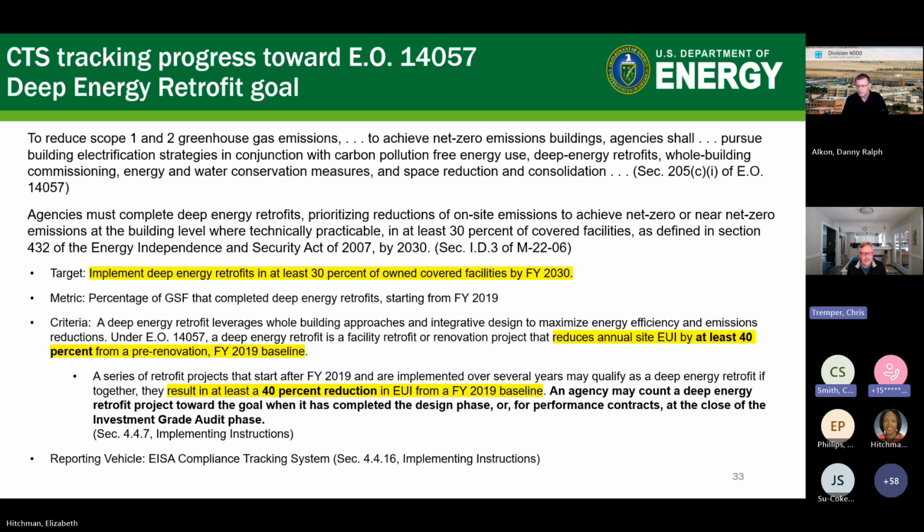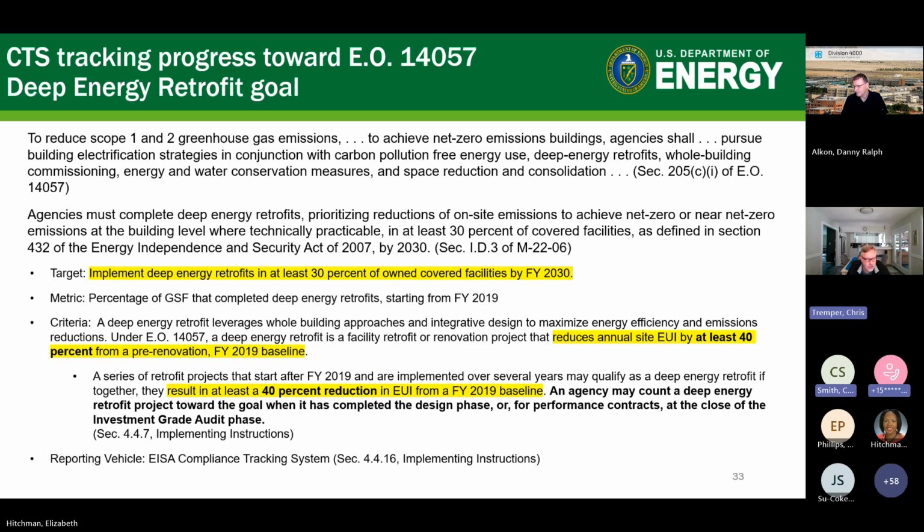In terms of what can count on this goal, CEQ has been fairly lenient. In fact, we all recognize that when you award a contract for an efficiency project at your site, you may not begin accruing savings until after the construction period, a year or two later.